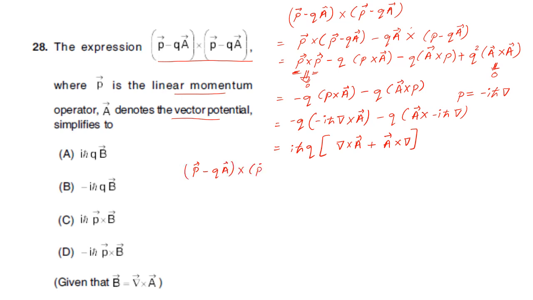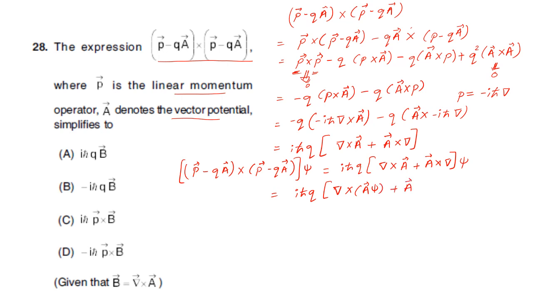Now let us consider P minus QA cross P minus QA operates on psi, that is IH cross Q del cross A plus A cross del psi, that is equal to IH cross Q del cross A psi plus A cross del psi.